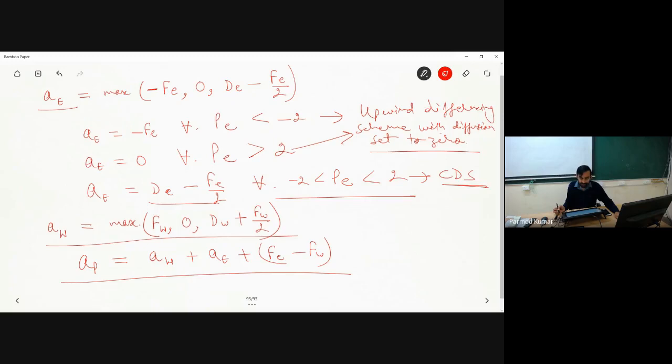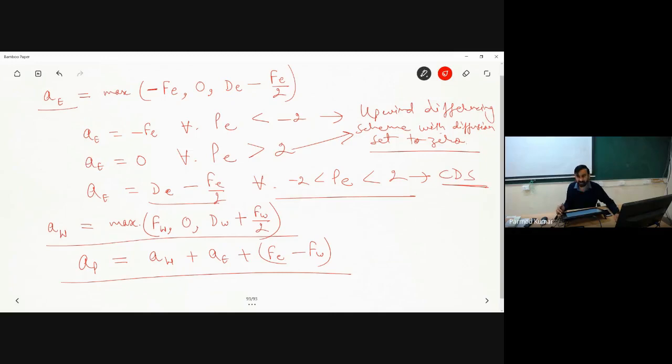So I can say over here that the hybrid differencing scheme is nothing but a combination of upwind and central differencing schemes. It takes central difference scheme, which is more accurate in comparison to the upwind scheme, where the central difference scheme is stable, and where the central difference scheme results in an unstable solution, in that particular region it employs our upwind differencing scheme.